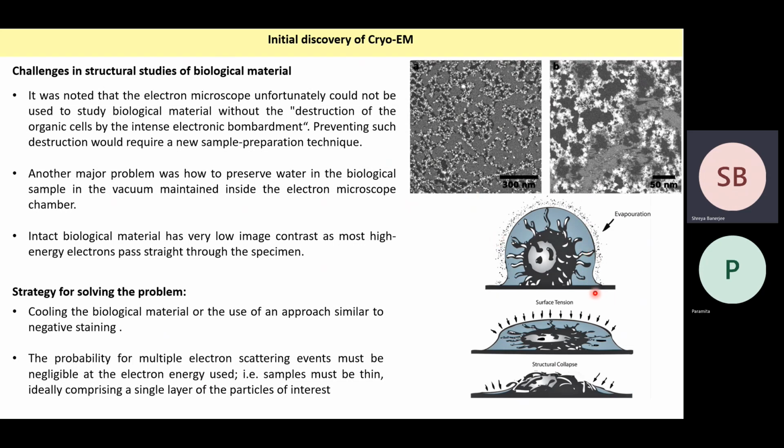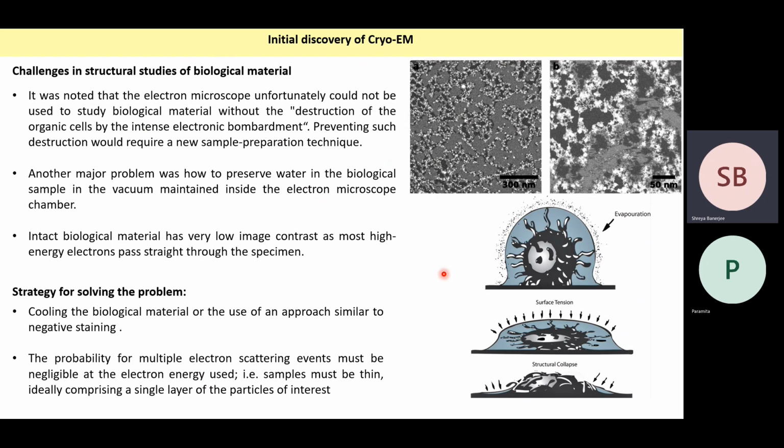And finally, the third challenge was that intact biological material has very low image contrast, as most high energy electrons pass straight through the specimen. So in biological materials, most of the electrons pass through the specimen. Only the electrons which are hitting the specimen will give an image.